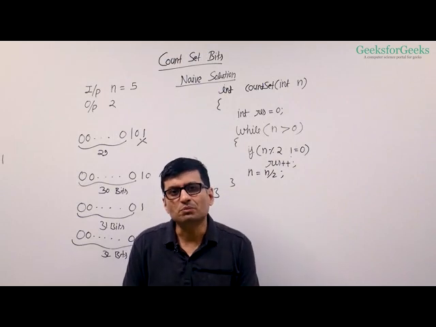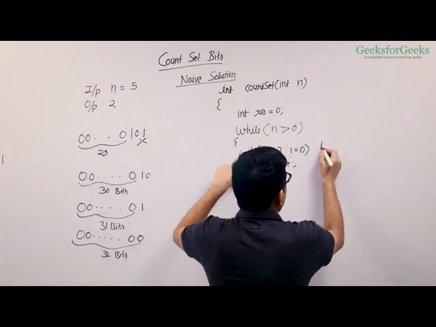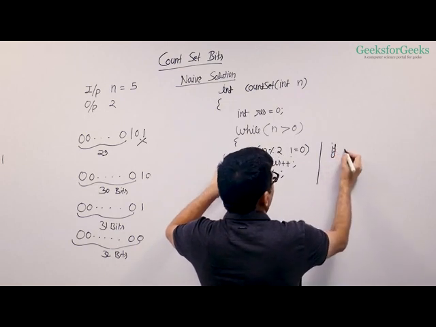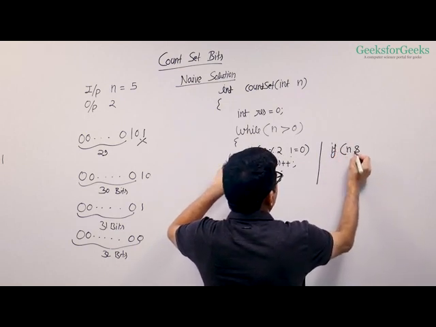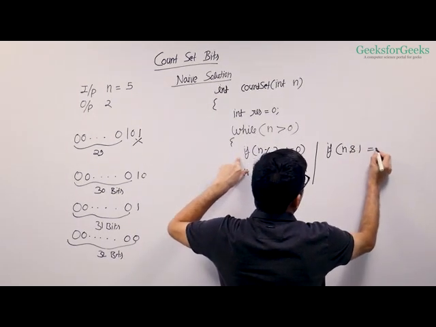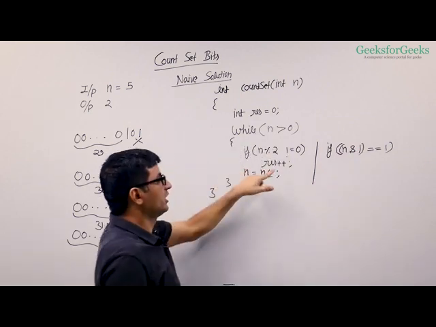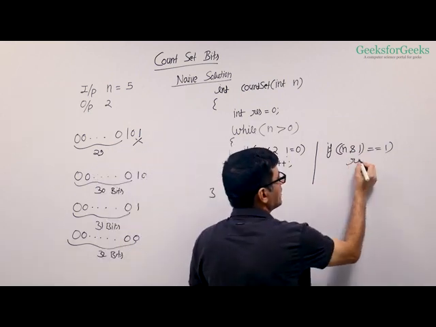We can also use bitwise operators in place of these. We can write this as if n & 1 is equal to 1, then do result++.